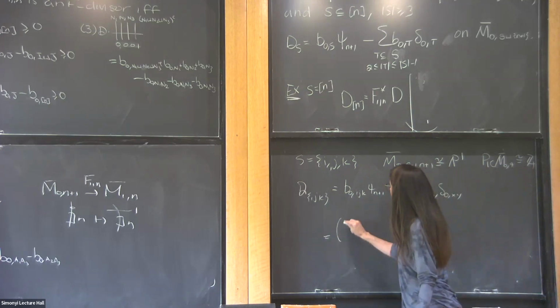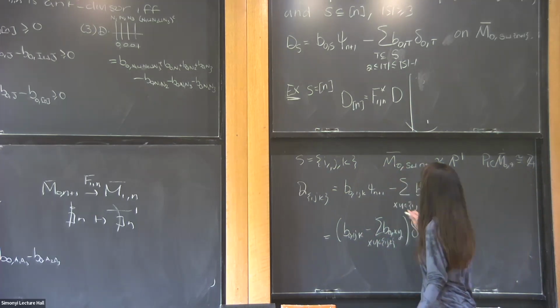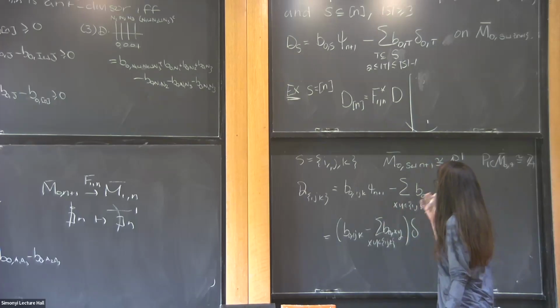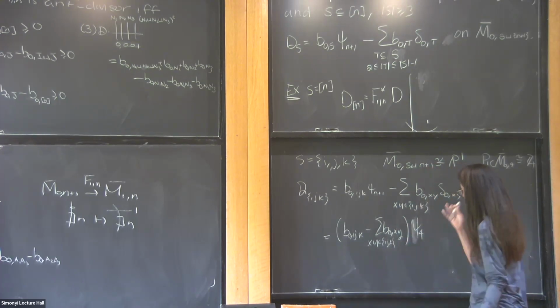So for example, let's just pick one of the boundary classes, or we could pick psi N plus 1, like psi 4, it doesn't matter.